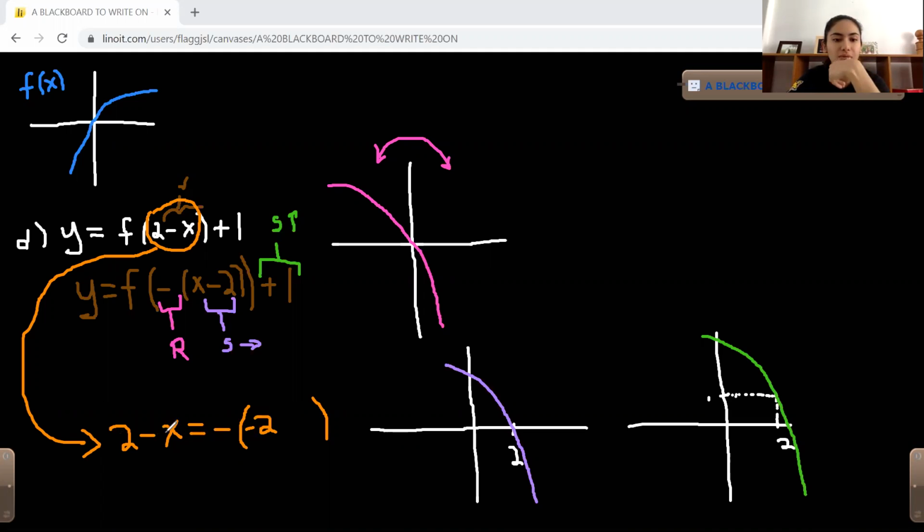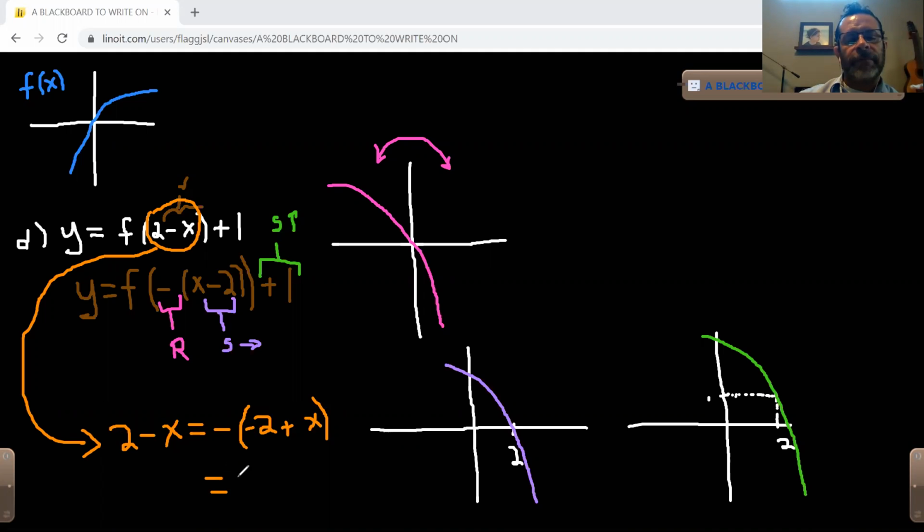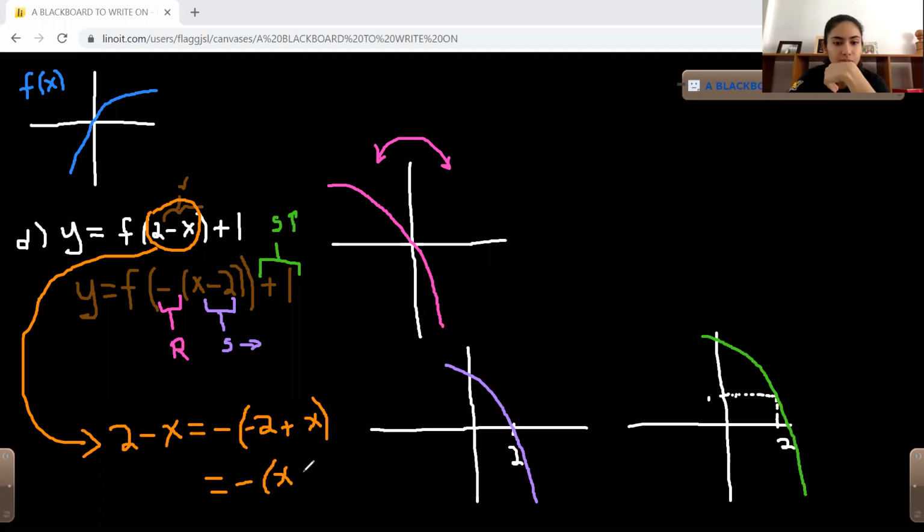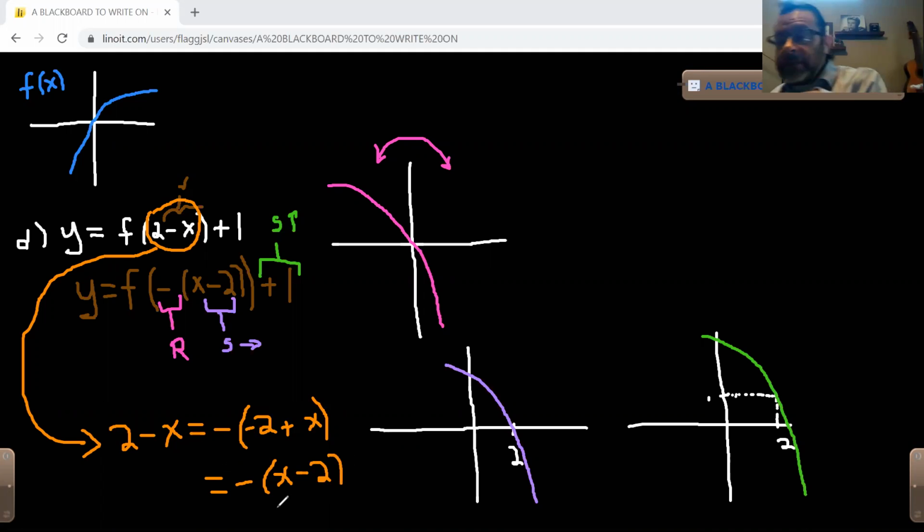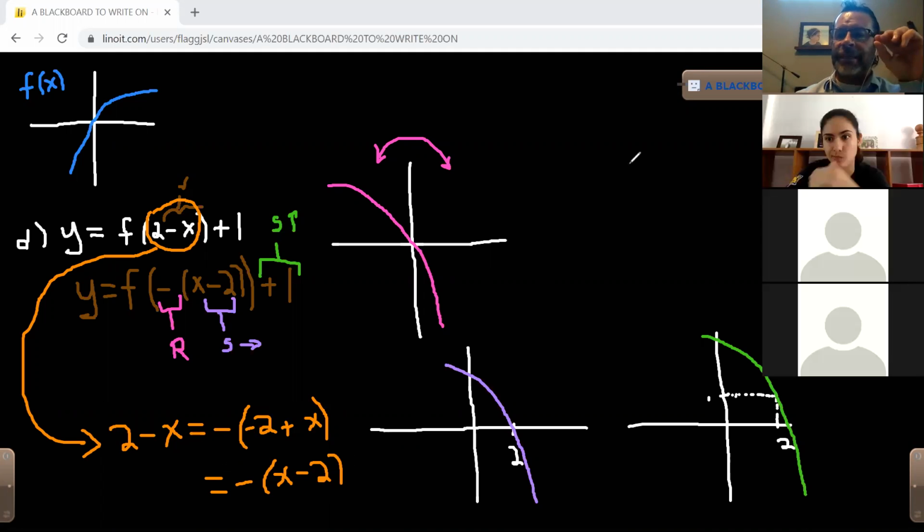And minus times +x generates the x. So this is the same as having x -2, okay?